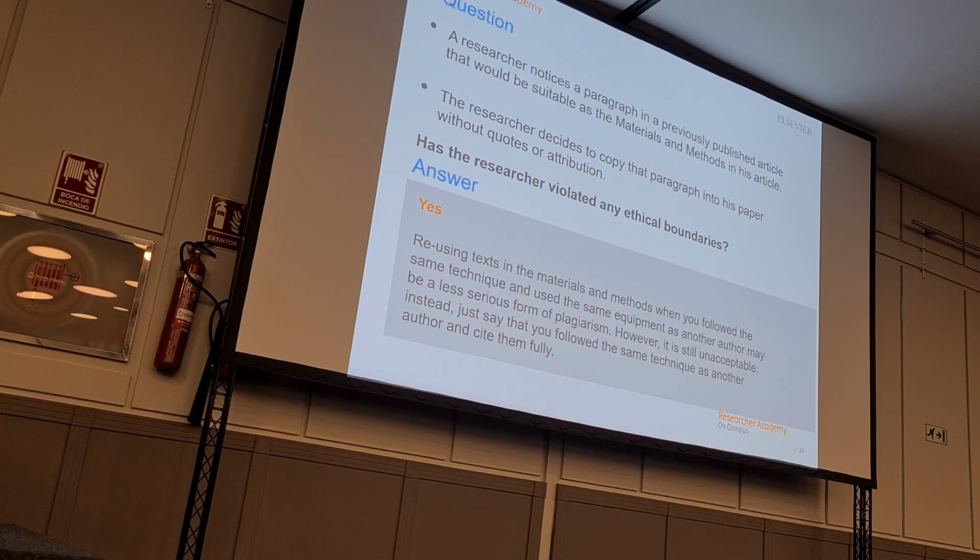So if you have a whole paragraph the same as in your previous paper, it is considered very serious plagiarism. So you have to make sure, even though it's your paper, your article, to avoid exactly the same paragraphs.